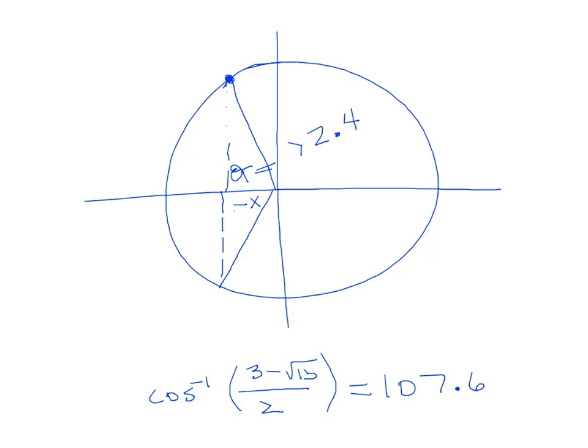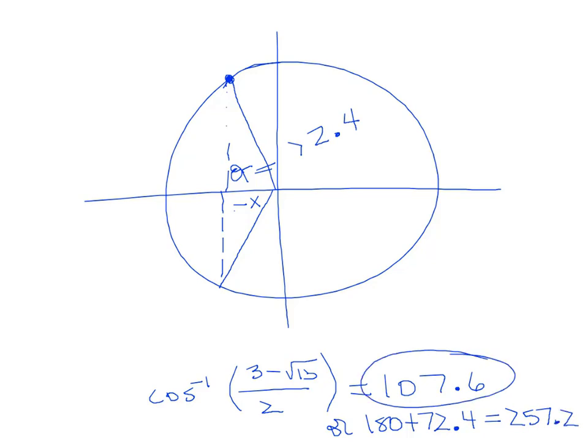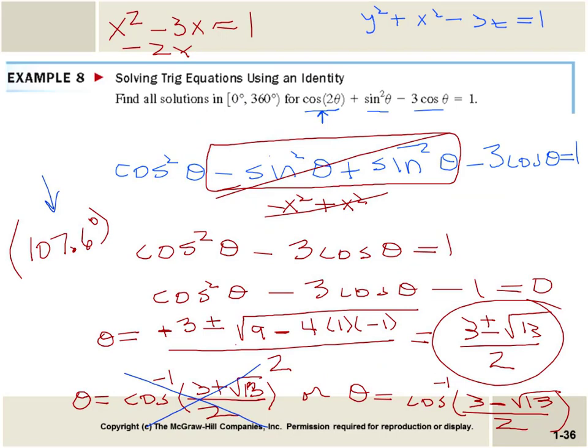So I have that angle, and I also have 180 plus 72.4. So I have 2 solutions. The 2 solutions that I have are for this one angle here. This one angle here has 2 solutions. This definitely is undefined.